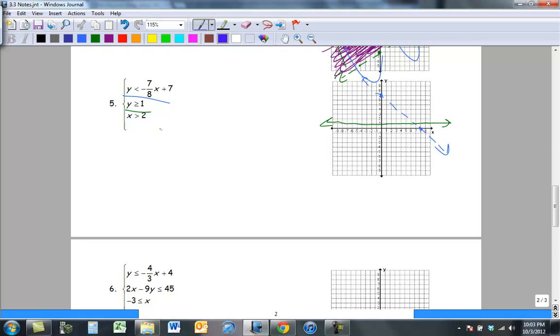And then, let's go with the brown line. x is greater than 2. That's going to look like a dotted line like this. Greater than 2 is to the right. This is greater than. So our final shaded area is going to be this little triangle right here.